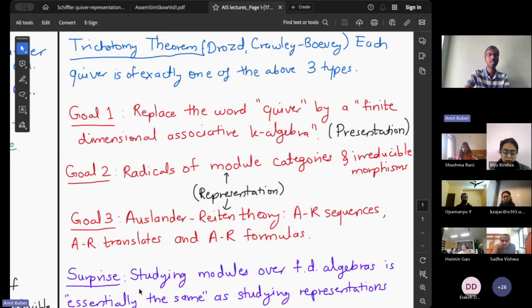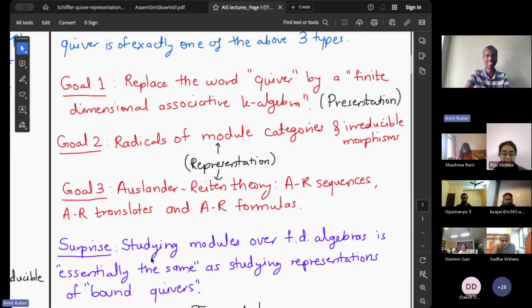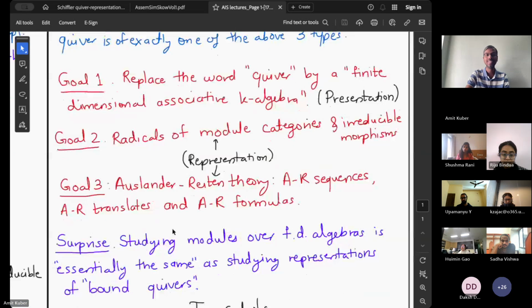Now, some surprising thing. Well, I'm uttering the word surprise. However, this is related to goal 1: studying modules over finite dimensional algebras is essentially the same as studying representations of bound quivers.